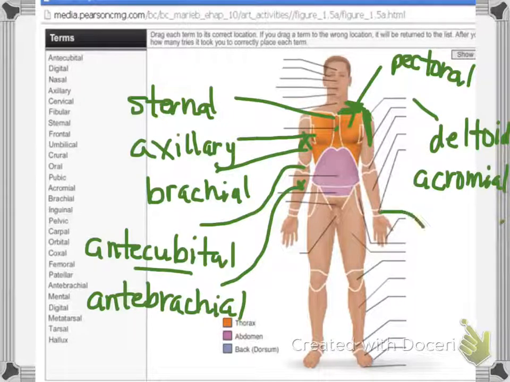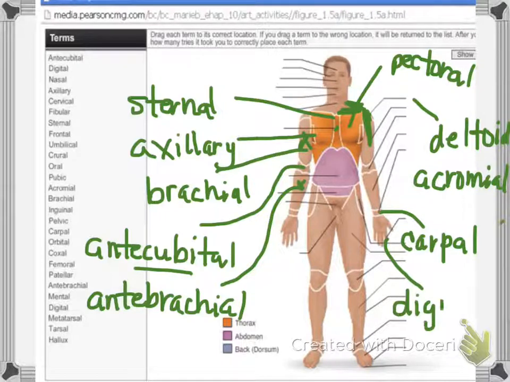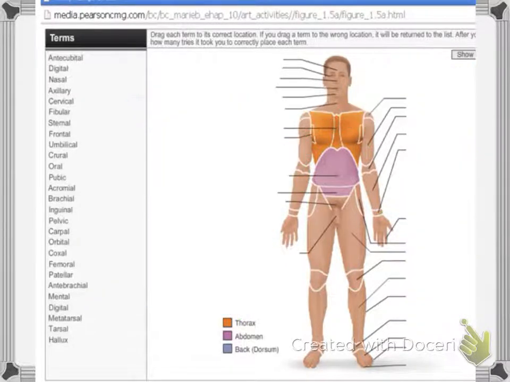The wrist. Carpal. Get carpal tunnel syndrome. I'm getting it right now from writing this. And the fingers are the digits or the digital region. Let's look at the abdominal area. Right here in the center is the umbilical area.